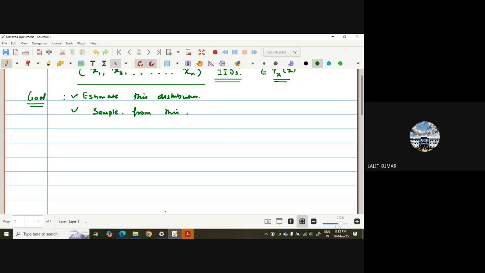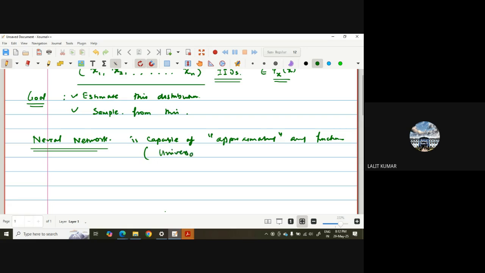So we know from our deep learning course that any neural network is capable of approximating any function, and this comes from the universal approximation theorem.